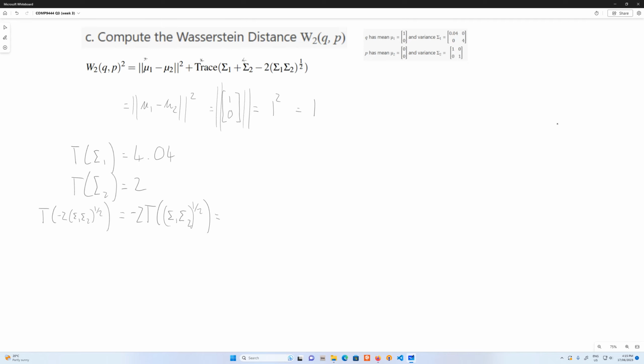Now E2 is the identity matrix, so inside the brackets here it's simply the covariance matrix for distribution Q. So the next step of this calculation, inside the brackets we will have 0.04 and 4 down in this dimension. Cool.